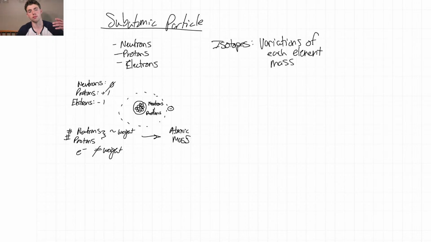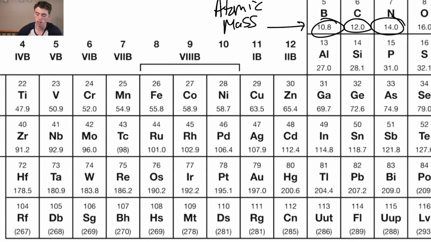So I can have one molecule of carbon here, one molecule of carbon here. This one's slightly heavier, and all of a sudden this becomes the isotope of this normal carbon. So they took all the isotopes, they averaged it out in proportion to how they are found in Earth's abundance, and they came up with these numbers.